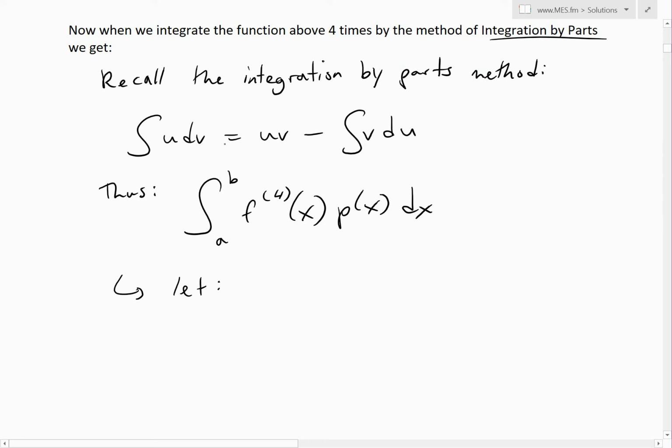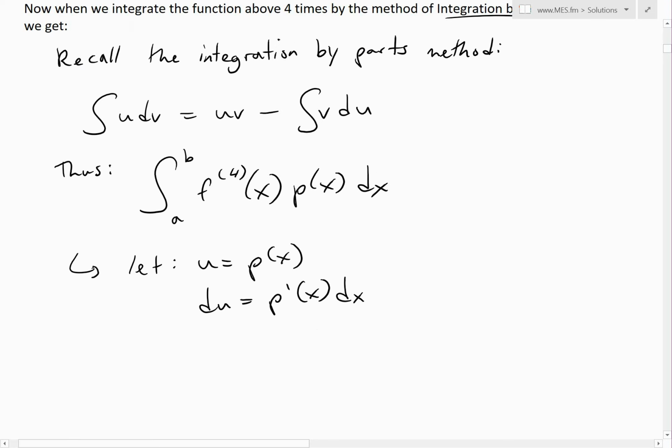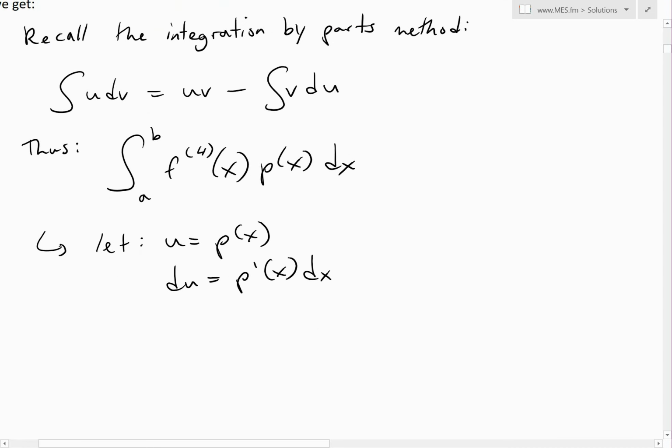So what we do is define u as p of x, so that du in this case is going to be p prime of x dx. And again, we're doing that so that the integral that we're left with has a derivative of p, but an integral of f of x right there.